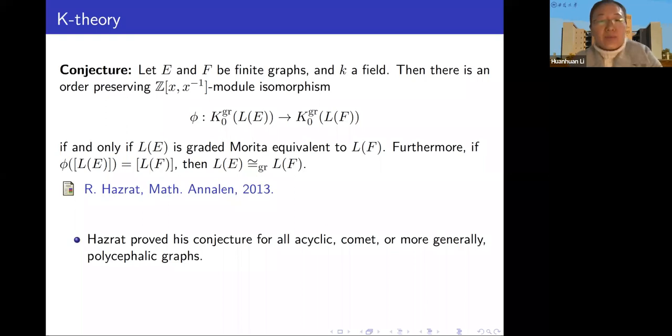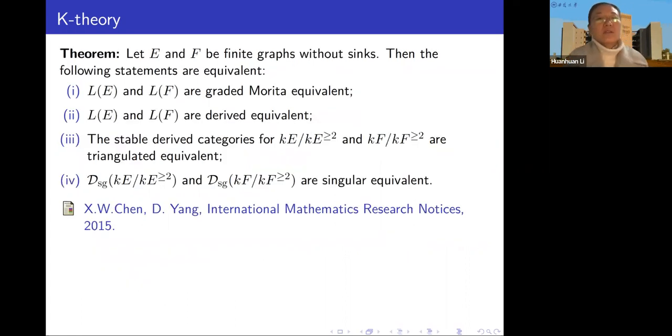So actually, Hazrat proved this conjecture for acyclic, comet, or polycephaly graphs. That is like a mixture of acyclic, comet, and those with petals together. But this conjecture is still open. In Chen and Yang's paper, they have this result for finite graphs without sinks.